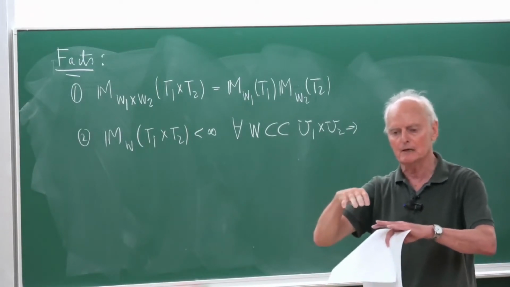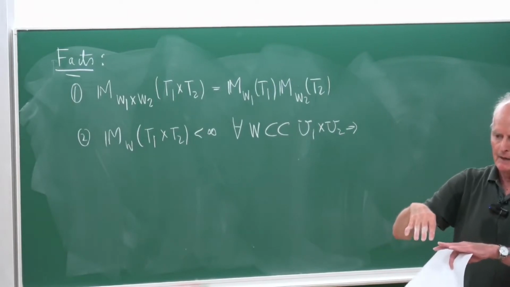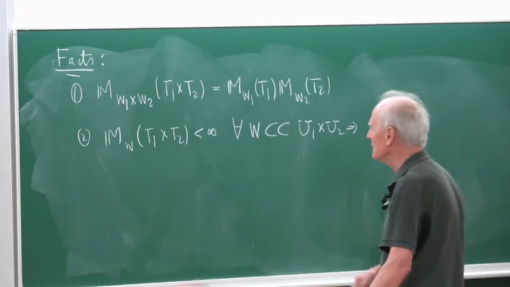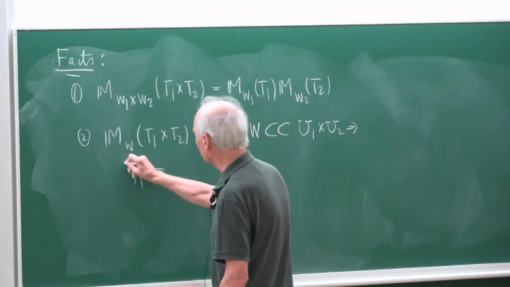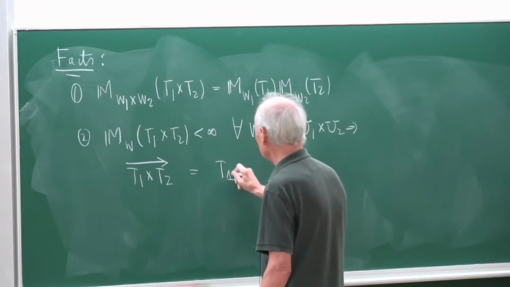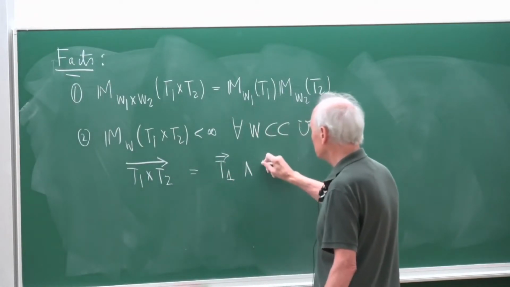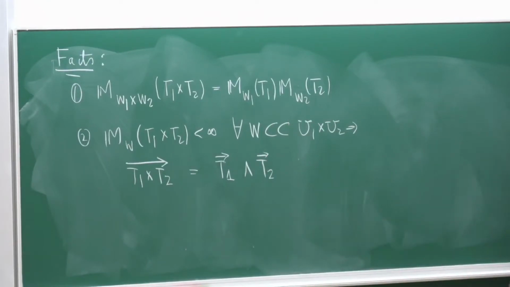So you get a measure, an L-regular locally finite measure, and an arrow direction for T. So the claim is that then the arrow of T1 cross T2 is the same as the arrow of T1 wedged with the arrow of T2, except that again, that doesn't quite make sense.